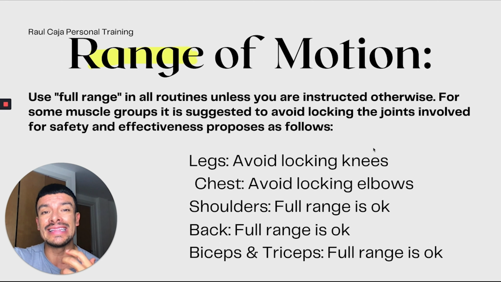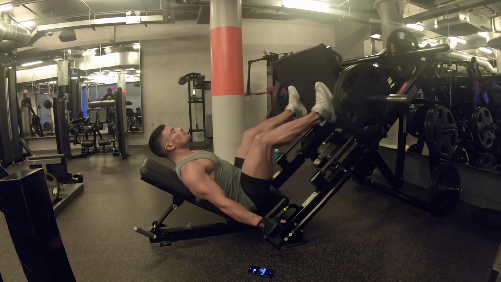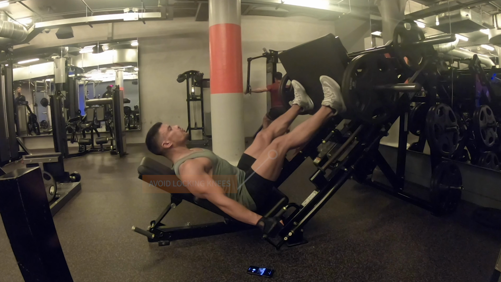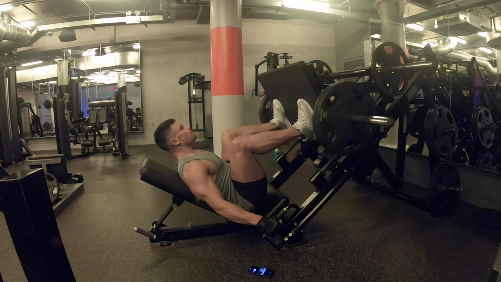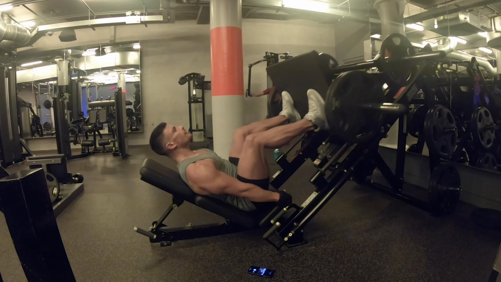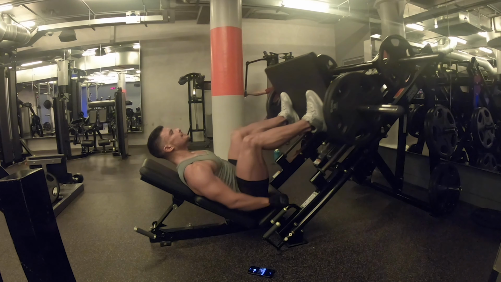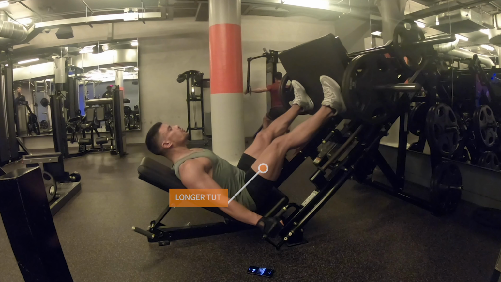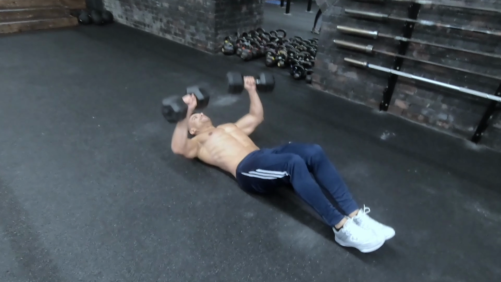The first one is legs. So when you are executing any legs exercises, I'm going to suggest you to avoid locking your knees. This is because we want to protect your knees from injury, and we want to keep the muscles involved for a longer time under tension. And the same case is for chest.